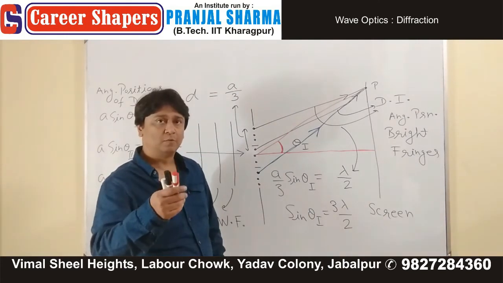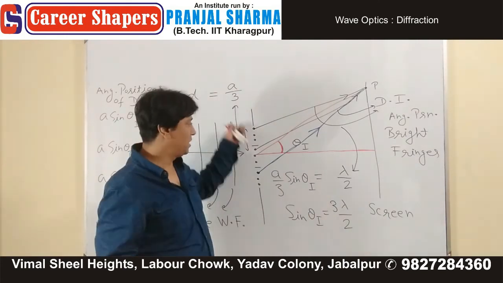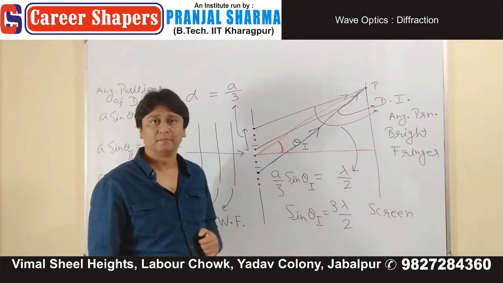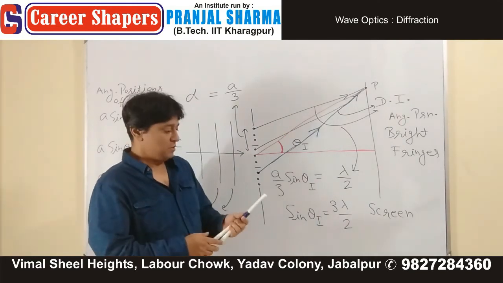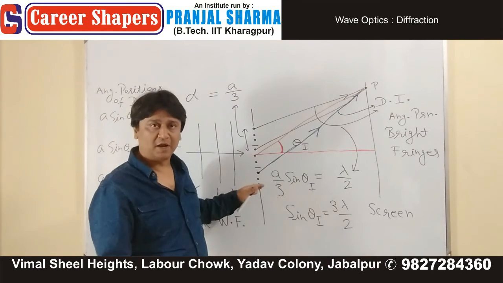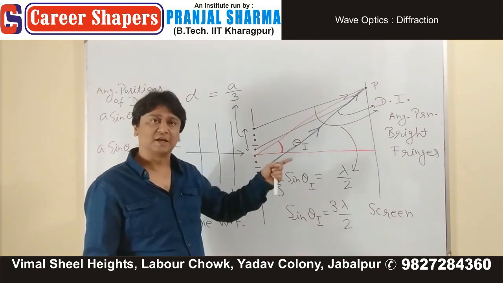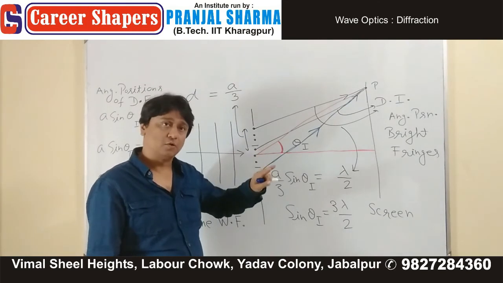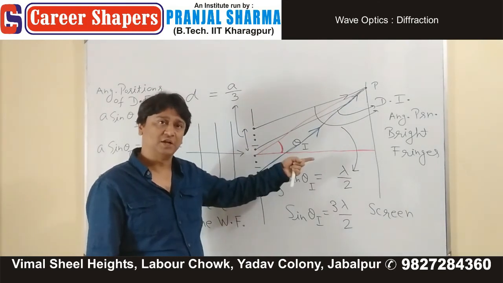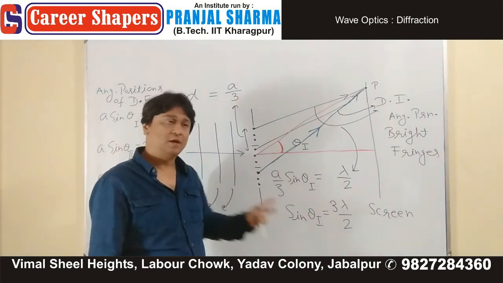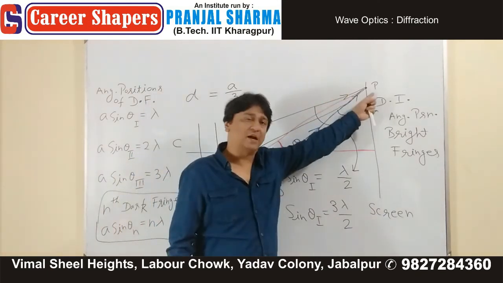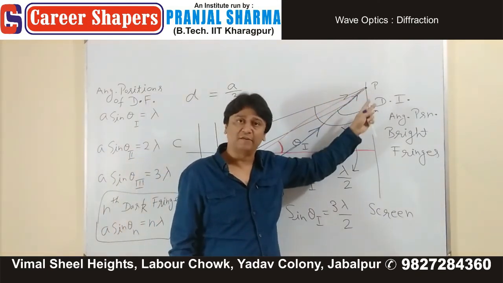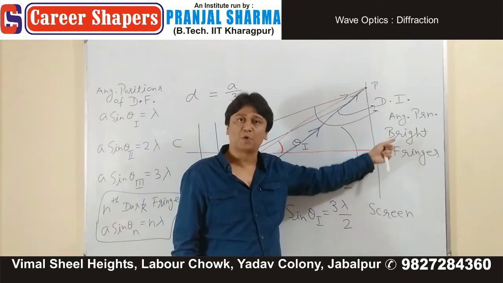Next time, how many partitions? 5. Let's save time. So when you make 5 partitions, first and second, the electric fields will cancel each other. Third and fourth, the electric fields will cancel each other. But the fifth one, its electric fields will reach P and survive, giving us what? A bright fringe.